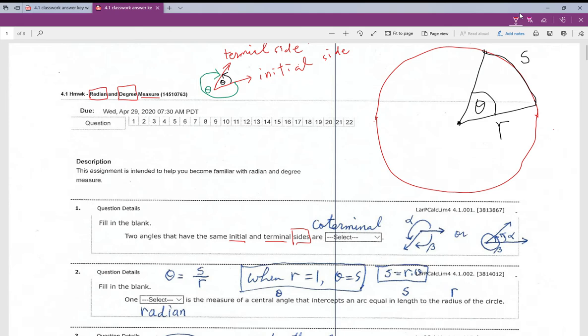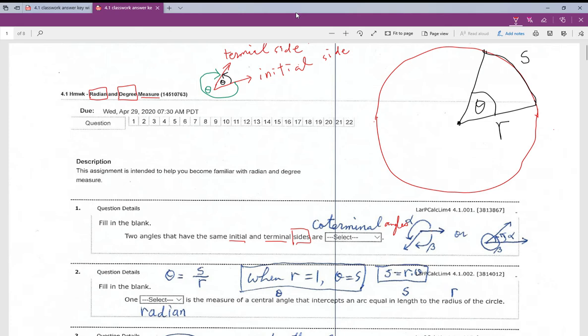So these two angles share the same initial side and the same terminal side. This is a pretty easy definition. Sometimes we use alpha and beta to denote the angles. So alpha and beta start from the same initial side and end with the same terminal side.